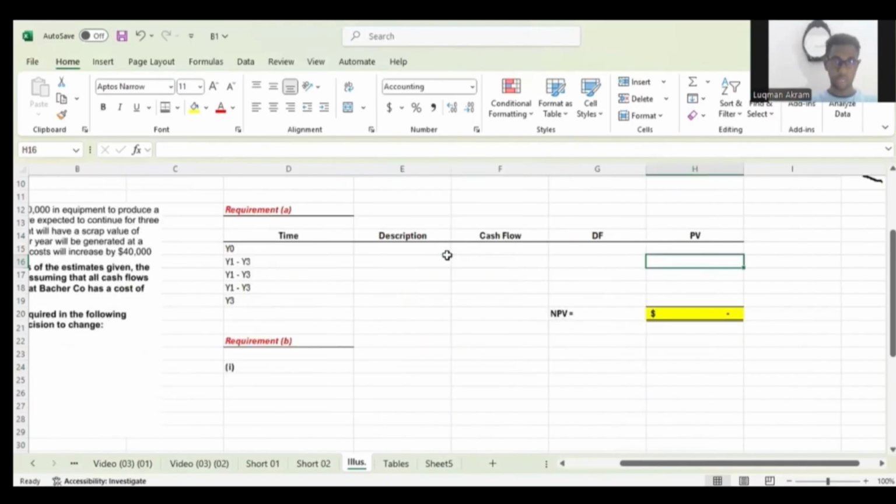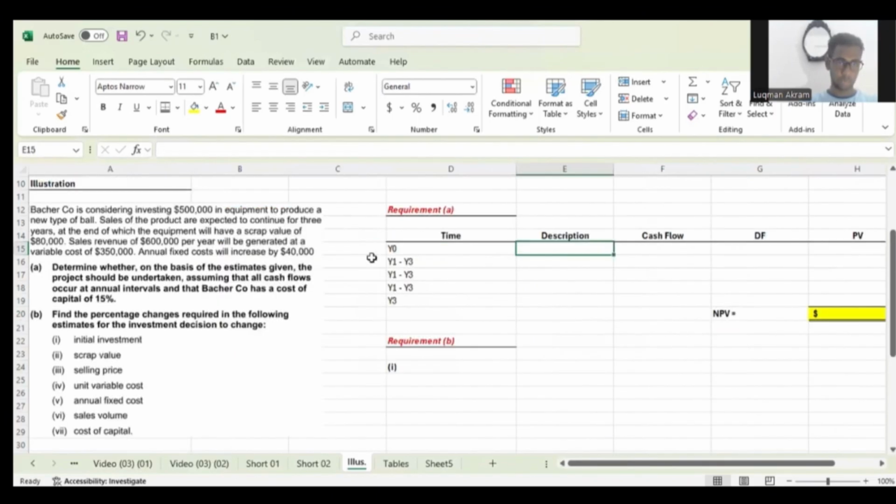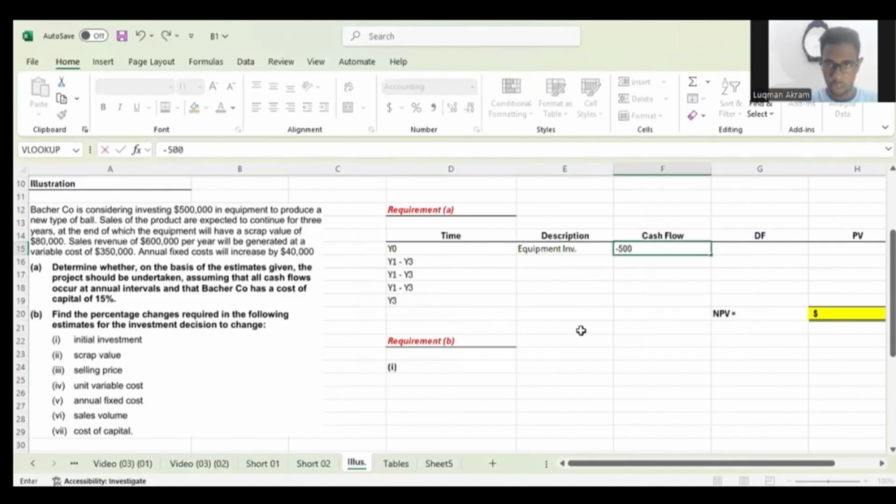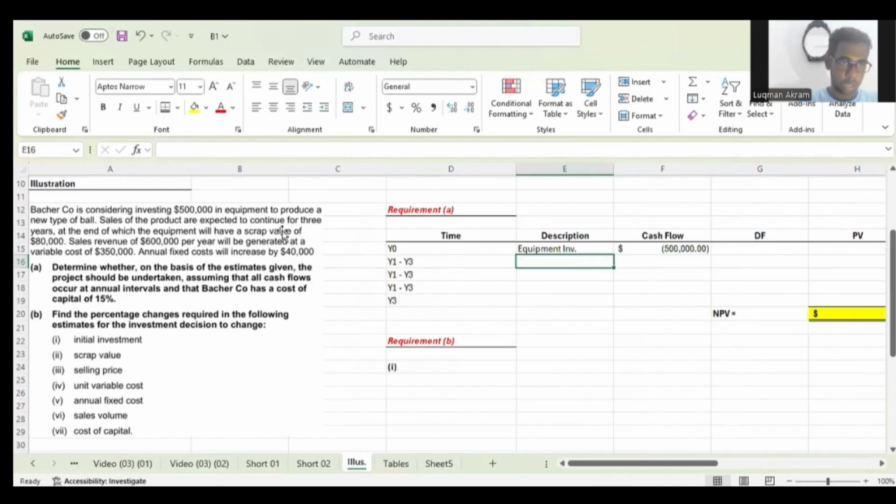To make it easier, I have already outlined the pro forma for the NPV calculation. Starting off with year 0, we would take the investment, which is the equipment. The cash flow here would be a cash outflow of $500,000, so we have stated it in negative terms. The next element is sales revenue.